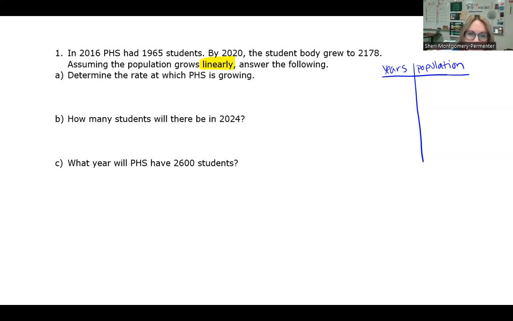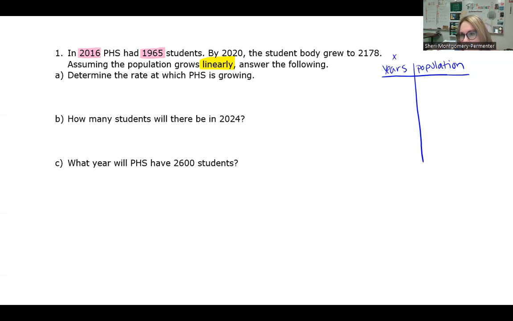So we have to first start with what we know. What we know, and this is going to go into our table, is that in 2016, we had 1965 students. So I can put that in my table.